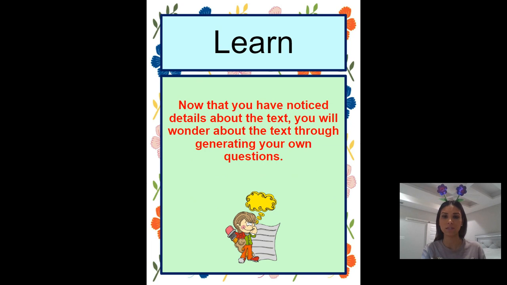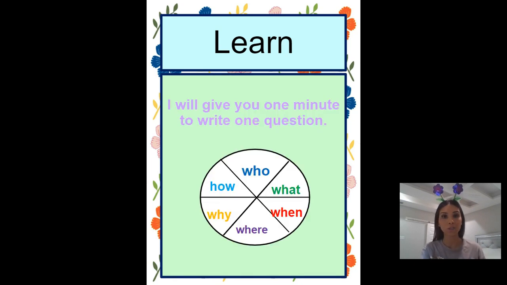Now that you have noticed details about the text, you will wonder about the text by generating your own questions. How do we do that? By using our Wonder Wheel. Tell me the Wonder Wheel words. Get ready. Who, what, when, where, why, how. Remember, when you're asking a question, you have to start with one of these words.